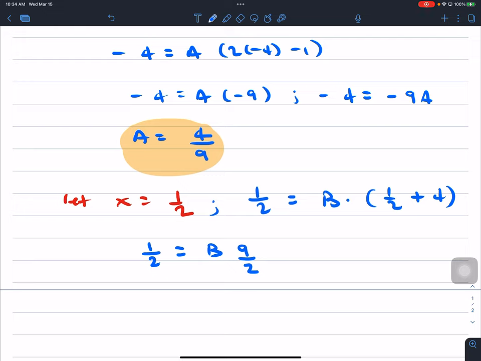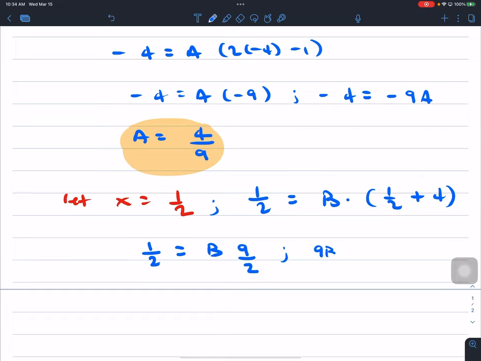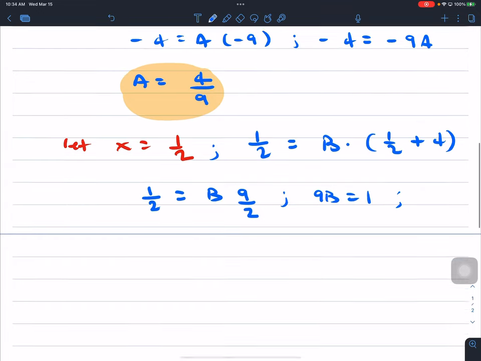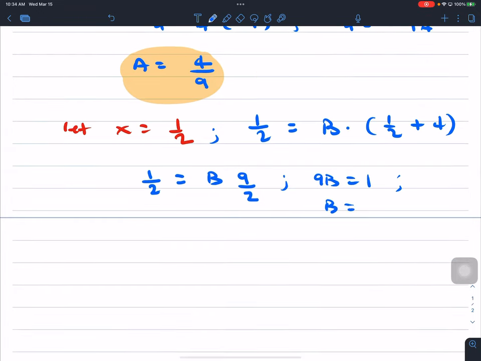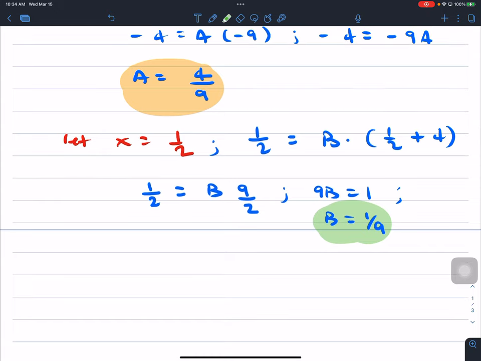Double check. I'm not really awake yet. 4.5, isn't that 9/2? So what do you think that means? Doesn't that mean 9b is 1, or that means b is 1/9? Okay, you guys okay with that?